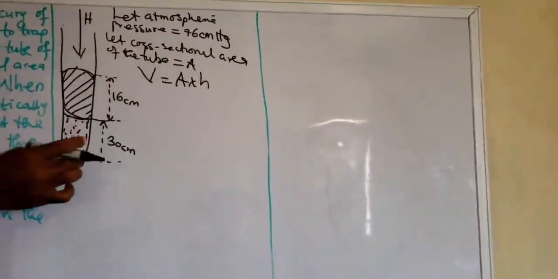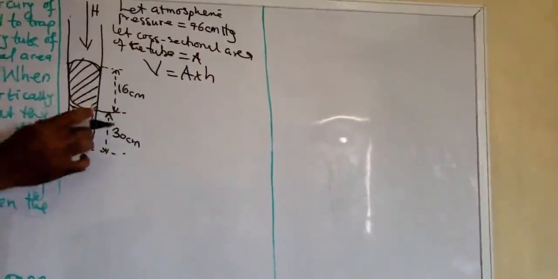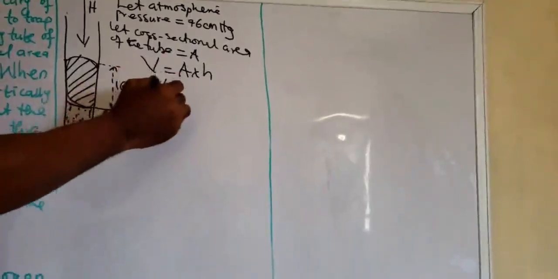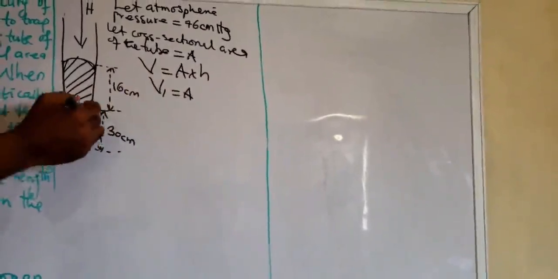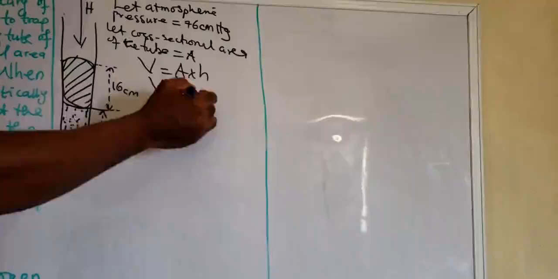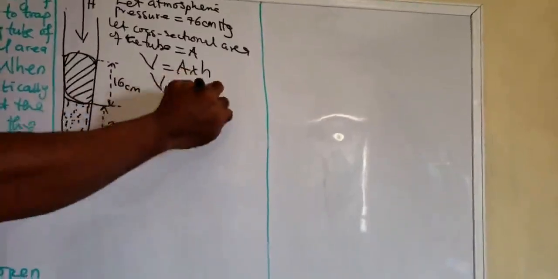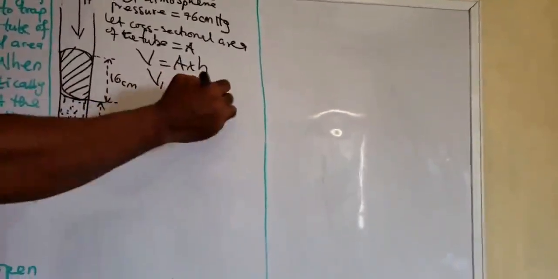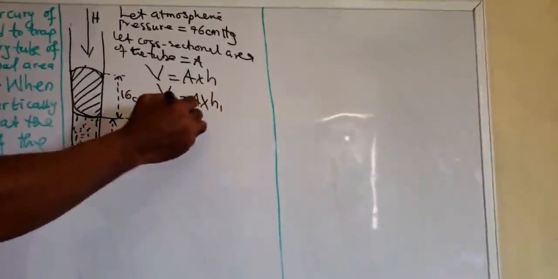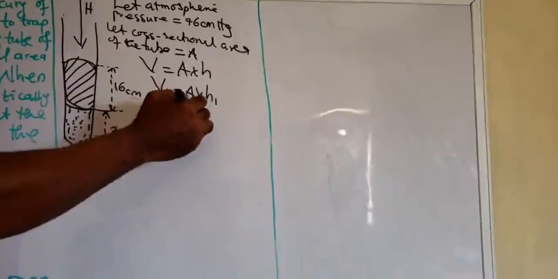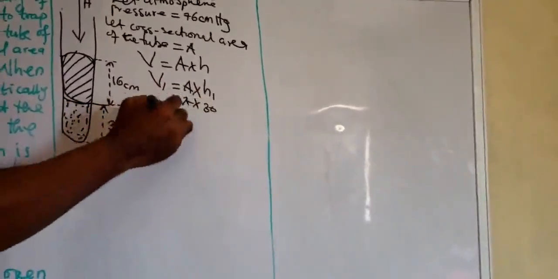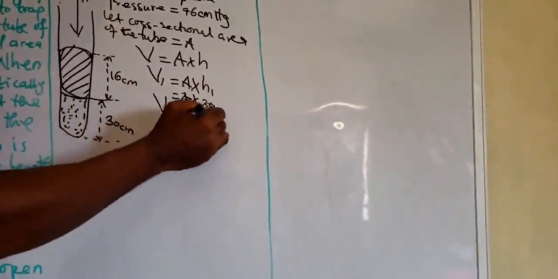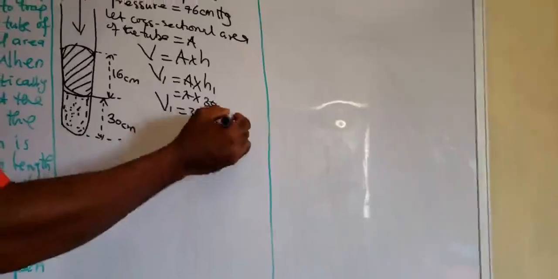Now, the volume of the air molecules here, let me call it V1, is the area multiplied by the height of the air column, h1. And this is A times 30. So V1 is equal to 30A cm cubed.